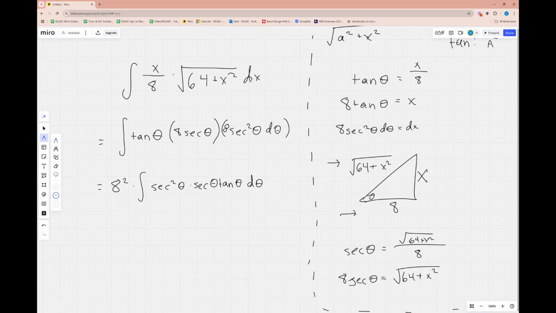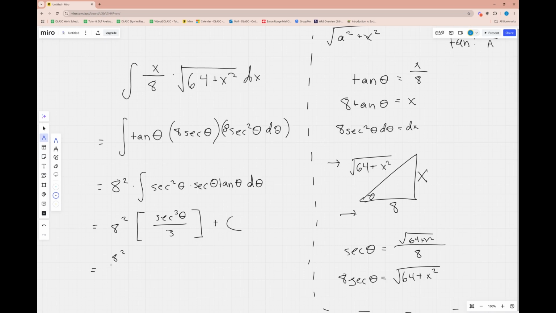So I see that I can do a quick little u sub here, where secant theta is going to be my u, and secant squared is going to be my u squared. What I'm going to end up with is 8 squared times secant cubed theta over 3 plus c. I'm going to pull my constant out.